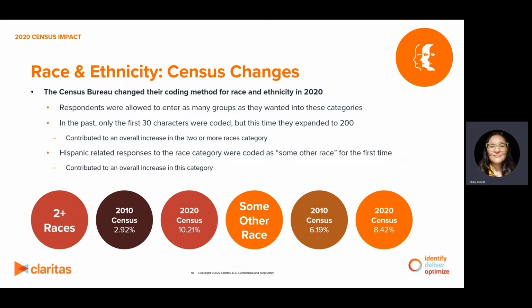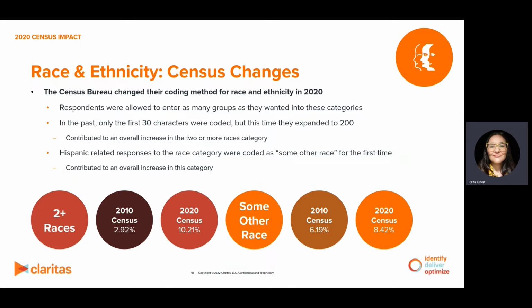Hispanic related responses to the race category were also coded as some other race for the first time. So that contributed to an overall increase in that category. So for example, if somebody responded to the race question that they were Mexican or Cuban, they would have automatically been coded as some other race instead of being assigned to a different category.